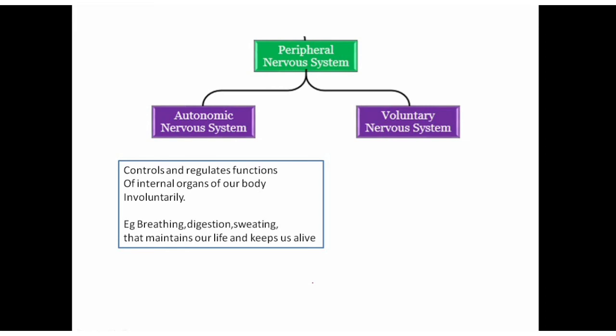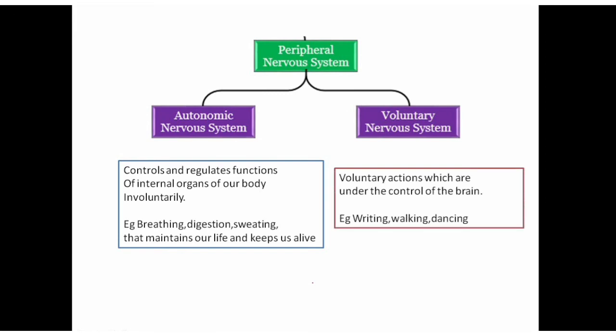Breathing, digestion, sweating, all the functions that help us in maintaining our life and keep us alive are controlled by the autonomic nervous system. And the ones which can be controlled, such as writing, walking, dancing, which are voluntary actions, are taken care of by the voluntary nervous system. Alright.